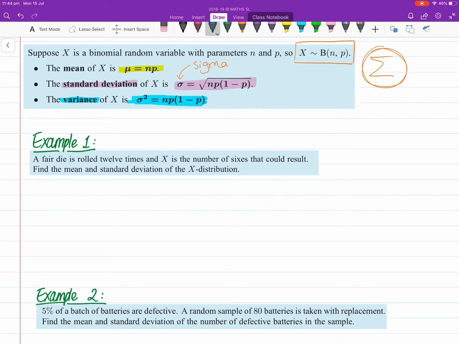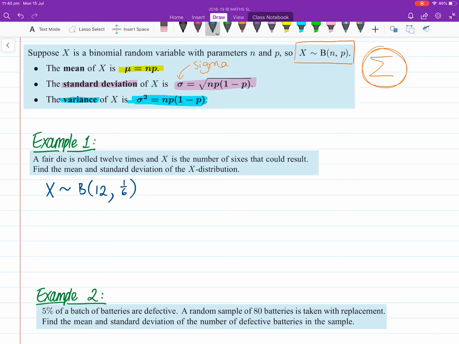So our random variable has a binomial distribution where we're doing the trial 12 times and the probability of a success is 1 in 6, because it's a fair die with 6 sides. That's how we might summarize our information.